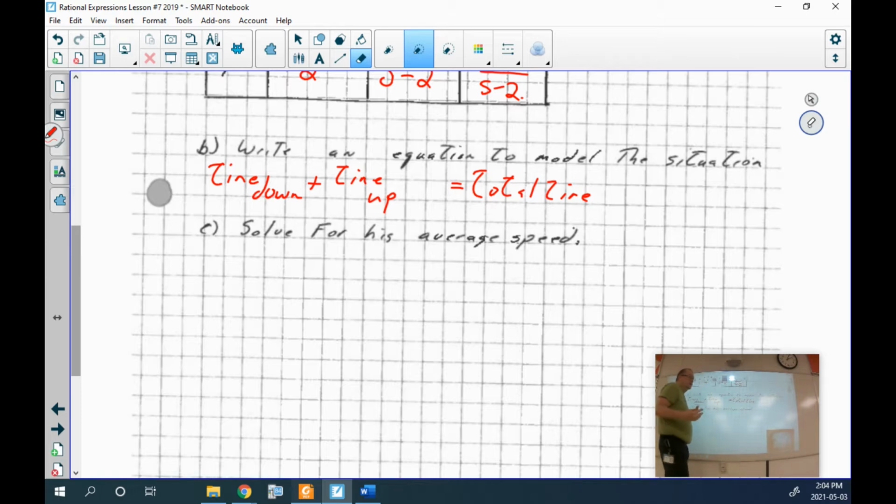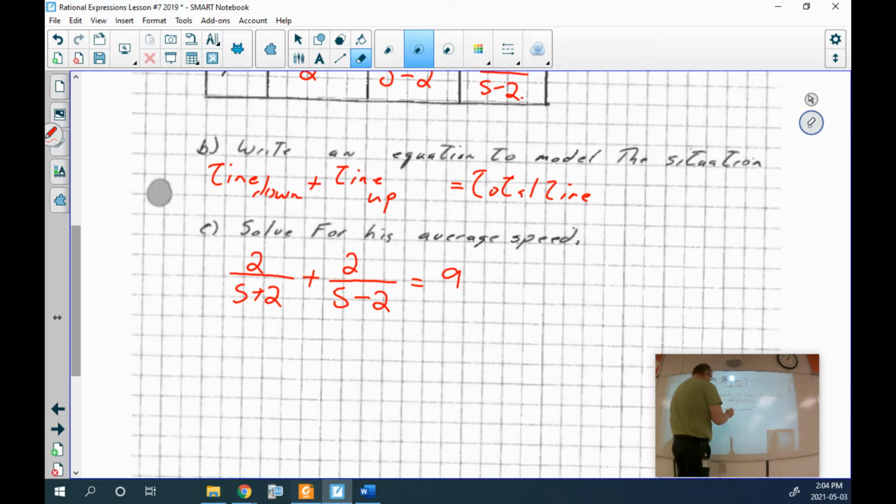Now, we can probably figure out it's going to take him longer to come upstream than it is to go down. We know the time going downstream. We had that at 2 over s plus 2. We know the time coming upstream. On our chart, it is 2 over s minus 2, and the total time is equal to 9.